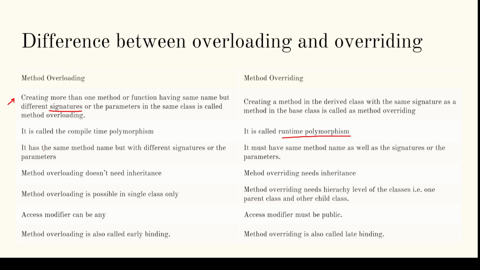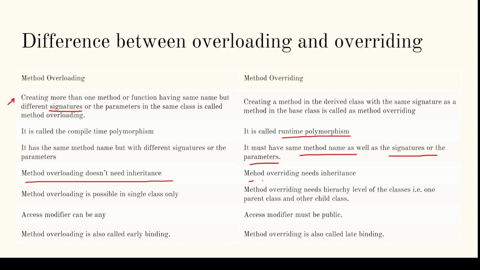In method overloading, it has the same method name but the different signature or the parameters. In method overriding, it must have the same method name as well as the signature or the parameters. Method overloading does not need inheritance. In this video, you have seen we didn't inherit any class, we just went ahead and overloaded the method.